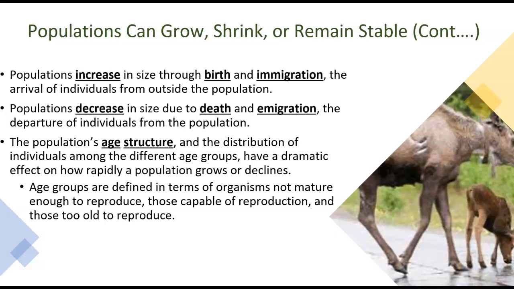Populations decrease in size due to death and emigration. So when you hear death and emigration, you should think a decrease in population size. Emigration is the departure of individuals from the population. So let's say I leave the United States and I go to Canada.